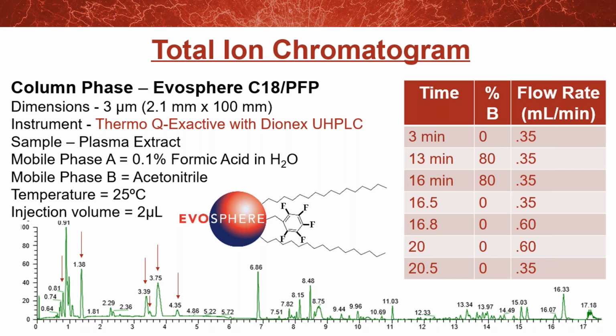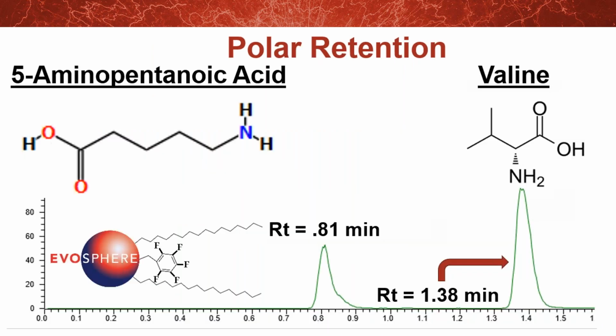I think the key point here is only formic acid is used, so there's no buffer used in this separation. So very easy to implement onto your new metabolomic screens. And then we give the gradient on the right. If you want to mimic this work, recognize that your extra column volume and extra column dispersion can come into play. And so there's some tricks there that we can help you with to adapt this method.